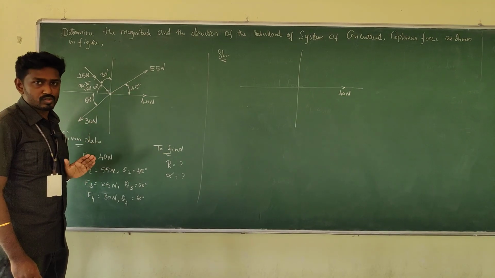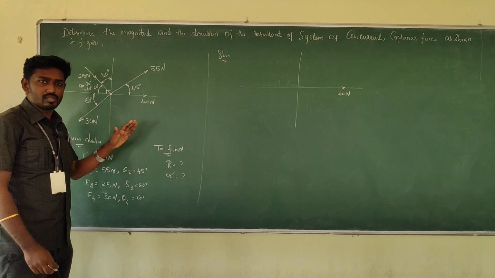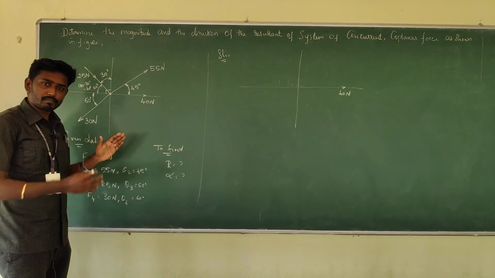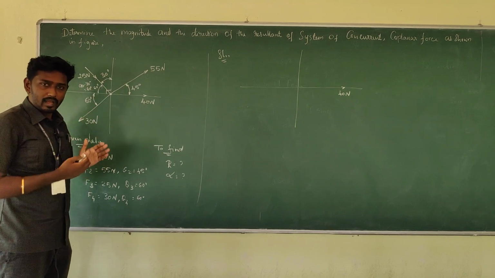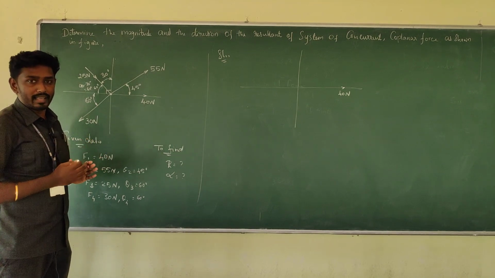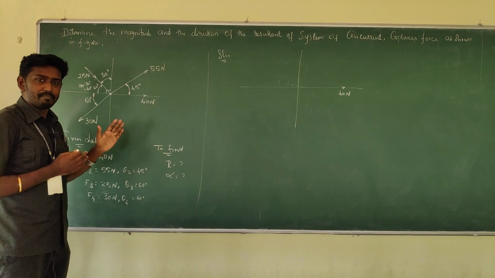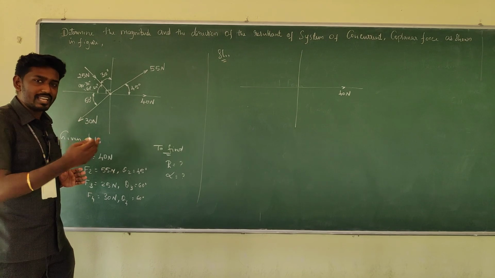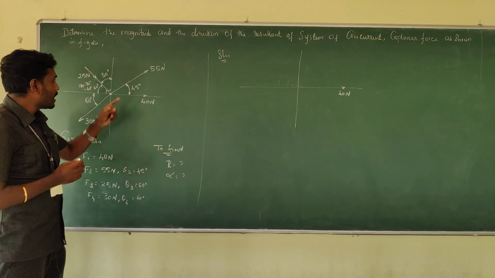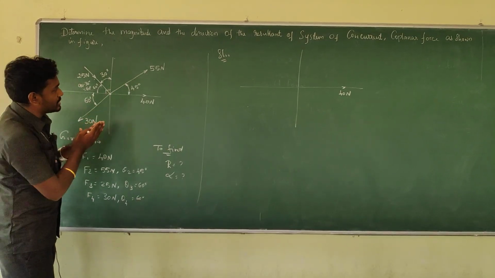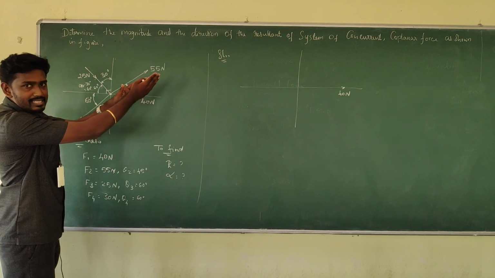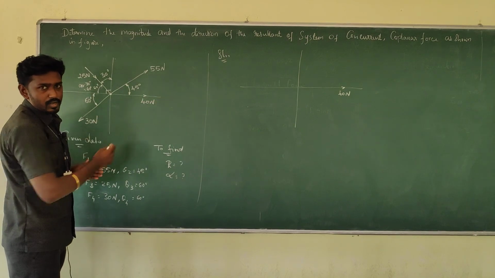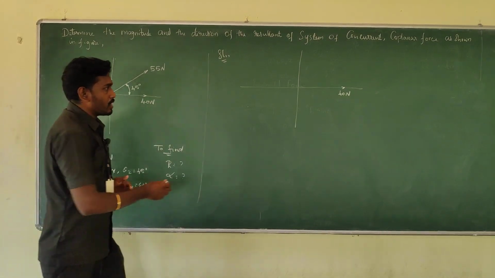What does the resolution of force say? If any inclined force is there in the system, it needs to be converted into x direction and y direction, because it acts partially in the y direction and partially in the x direction. That means horizontal and vertical force, right? So this force is moving in such a way that it is partially moving upward as well as horizontally, on the positive side.